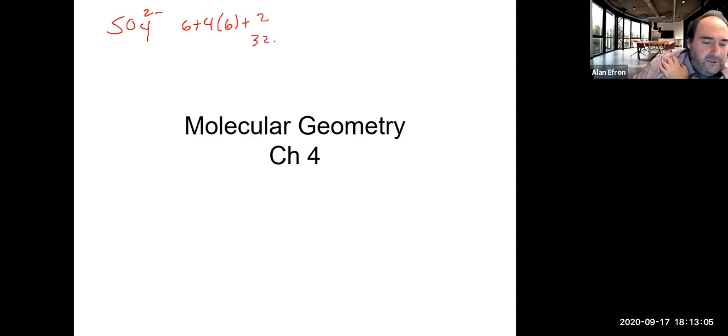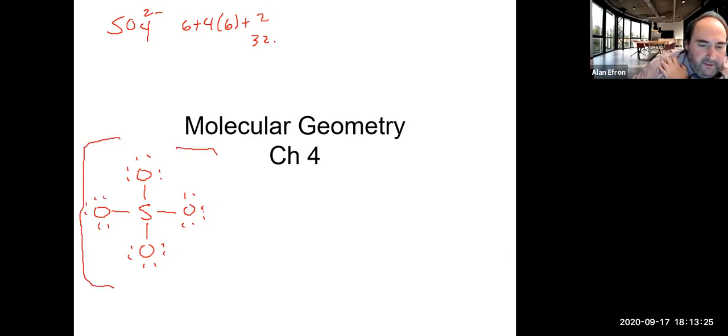So one structure that you could draw for sulfate, which is very commonly done, will look something like this. And that is 32 electrons, and it's a structure that you can use as the Lewis structure.